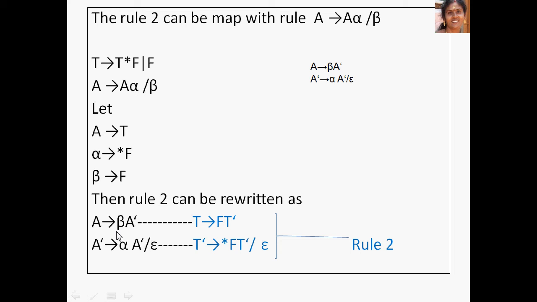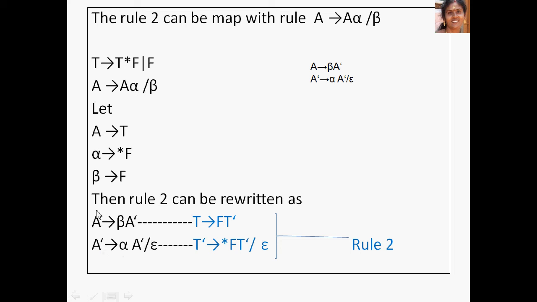You write these two rules and assign the values. First, A expanded with beta A dash: the value of A is T, so you write T, the expansion symbol, and beta is F, so you put F, and A dash becomes T dash. And the second rule, the A dash rule: A dash is expanded with alpha A dash or epsilon.